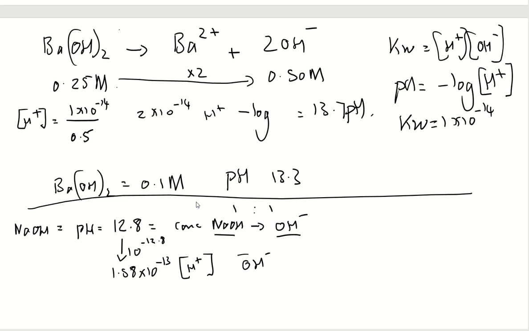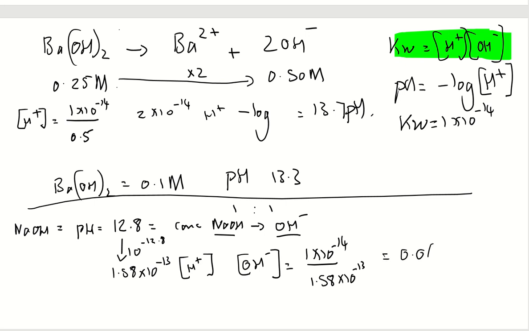So rearranging our Kw expression from up here to make hydroxide ions this time our subject, hydroxide ions equal Kw, 1 times 10 to the minus 14, over the concentration of the hydrogen ions, which we've just worked out, which is 1.58 times 10 to the minus 13. Okay, so 1 times 10 to the minus 14 divided by that gives me 0.063.